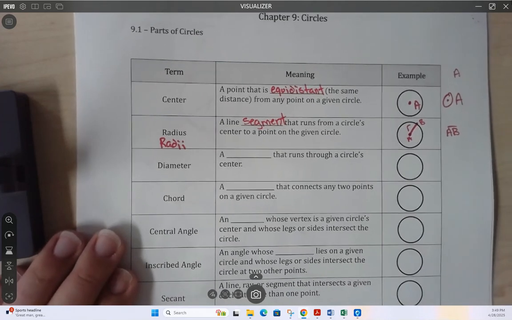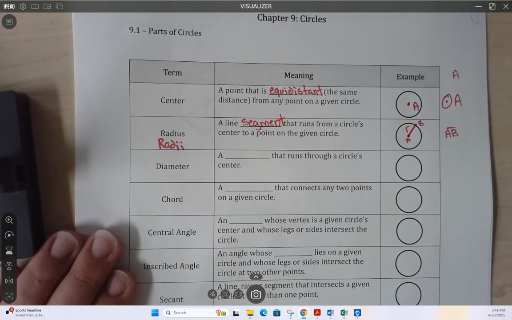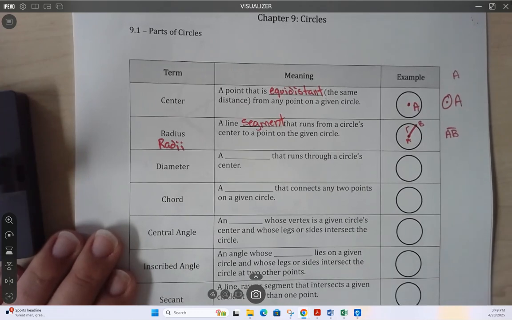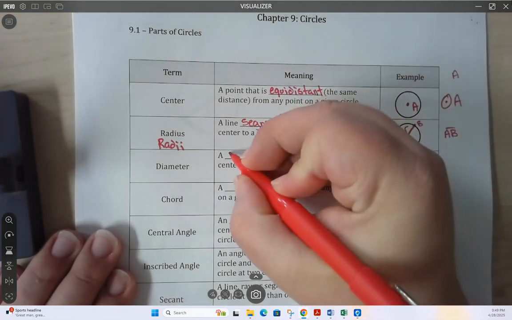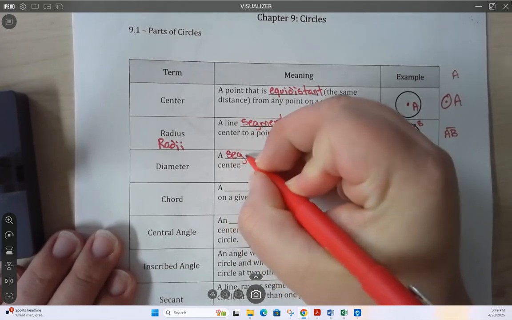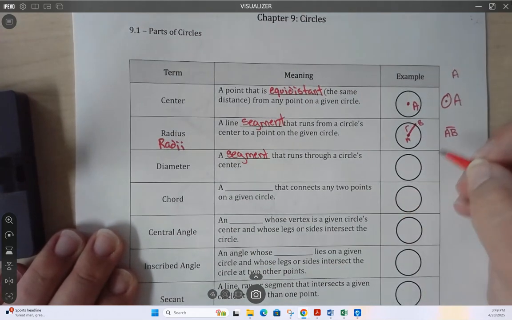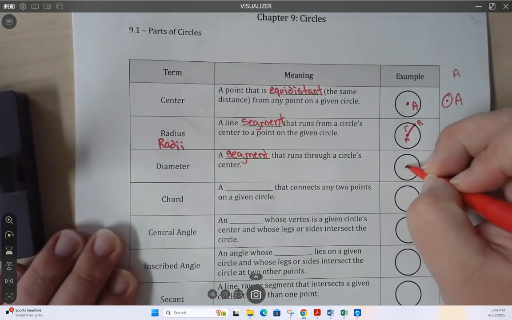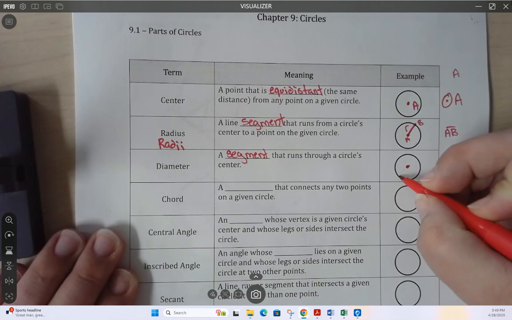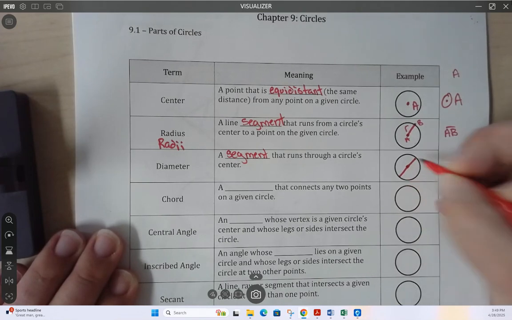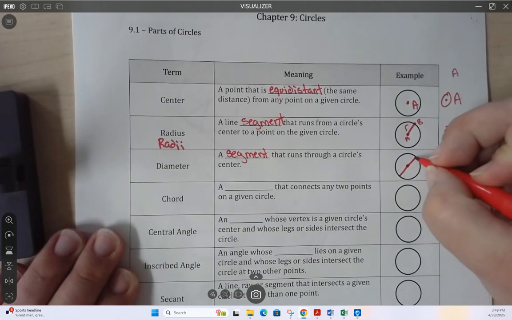Again, our diameter here. Diameter is another one you're very familiar with. It is another line segment. I'm just going to stick with segment that runs through a circle center. We're going to put our center in there, but it's going to pass from one side of the circle to the other.